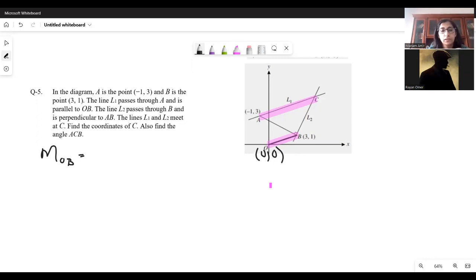It's 1/3. Yes, 1/3. y2 minus y1 over x2 minus x1. Okay. So that is also going to be the gradient of AC or line L1. Now can you find the equation of line L1 or line AC? Yes, miss, we can.